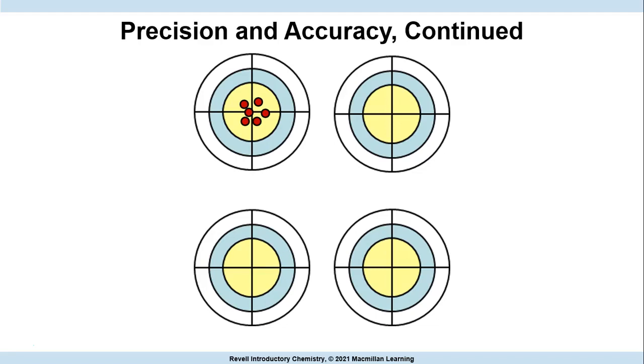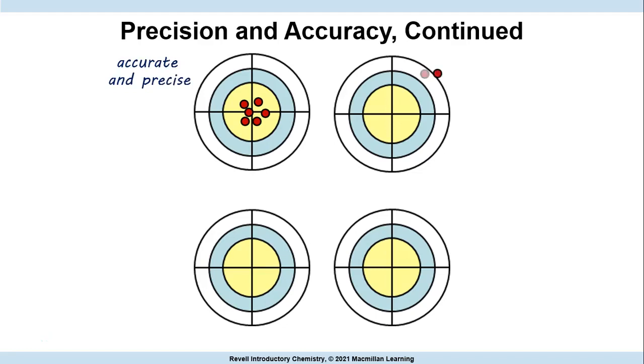So, this one we have fired at the target, which means that all our shots went to where we expected and they are really close together, which means that it is accurate and it is precise. So that is the first case.